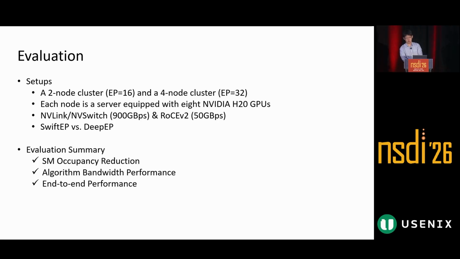We test on 2-node and 4-node clusters corresponding to EP16 and EP32. Each node has 8 NVIDIA H20 GPUs with NVLink and NVSwitch inside a server and RoCE v2 across servers. We compare SwiftEP against DeepEP. The evaluation includes both macro benchmark results and end-to-end serving results on the DeepSeek R1 prefill phase.